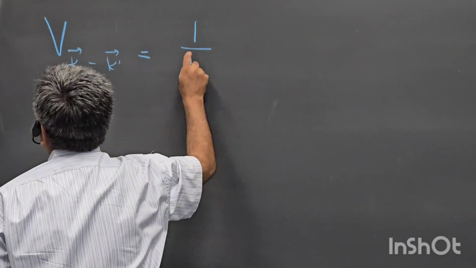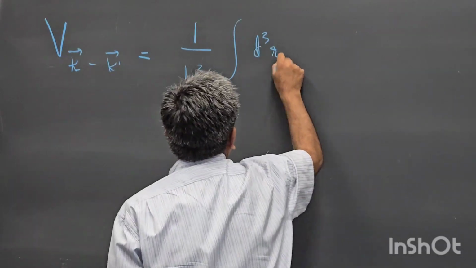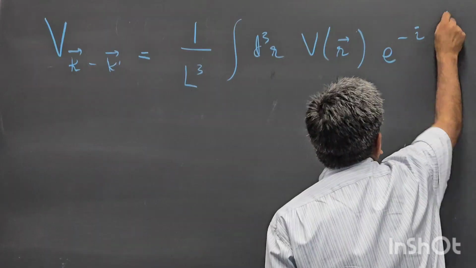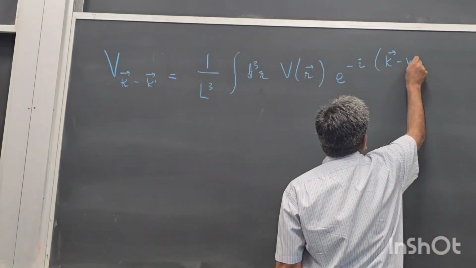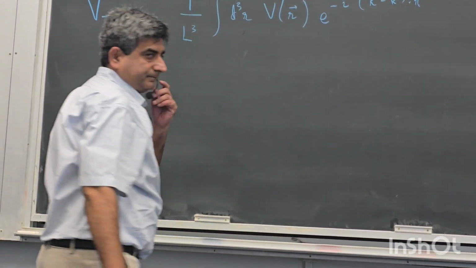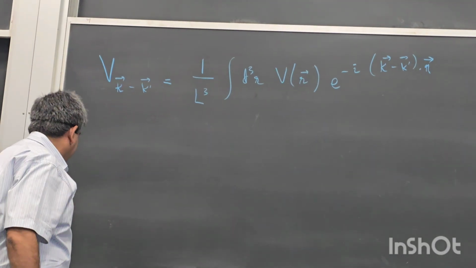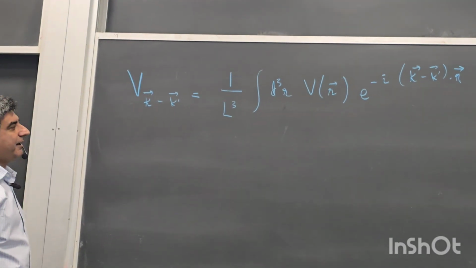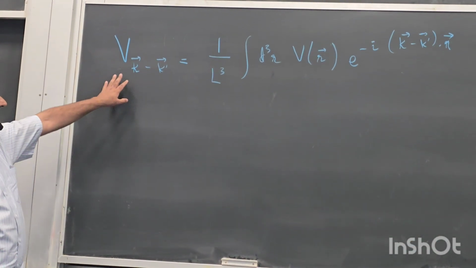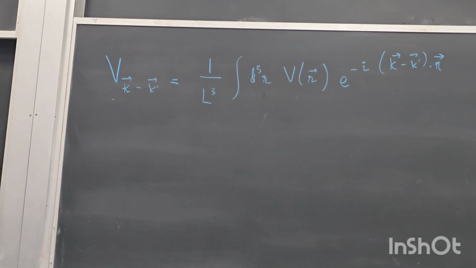This becomes 1 over L cubed, the integral d cubed r V(r) e^(-i(k-k')·r). On the other hand, if I would like to invoke quantum mechanics into this, I would like to see that this coefficient is really a matrix element in a Hamiltonian.